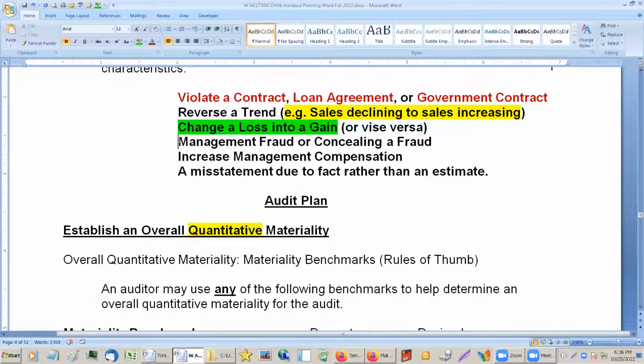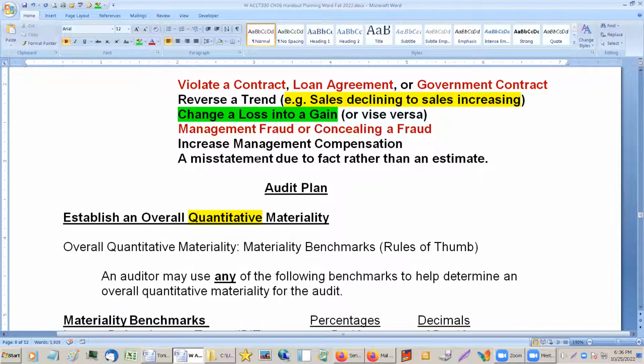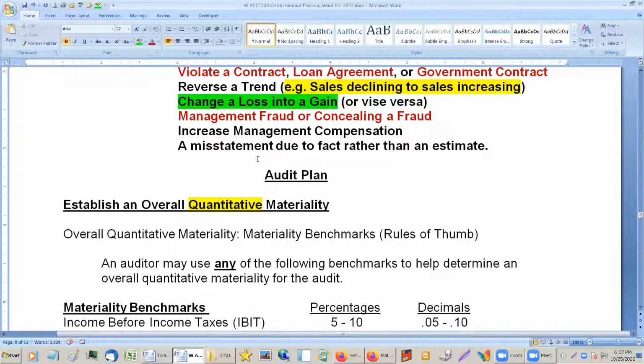Okay, this is probably the scariest one of all of them. Management fraud or concealing a fraud. It matters who is doing it.